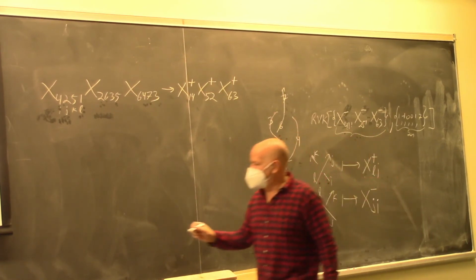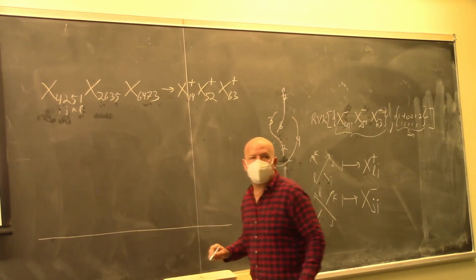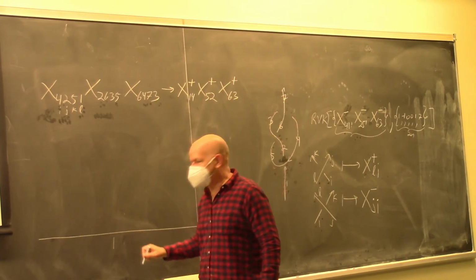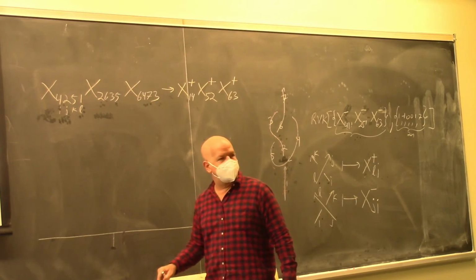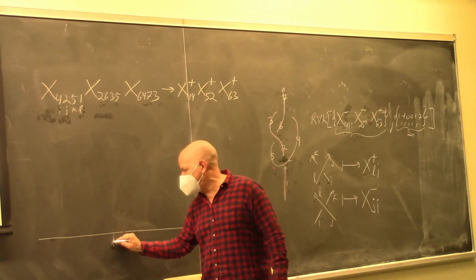So, in other words, what I'll have is a front line, and I'll start adding more and more stuff to it, and it will start by having strand number 1 at the bottom pointing up.